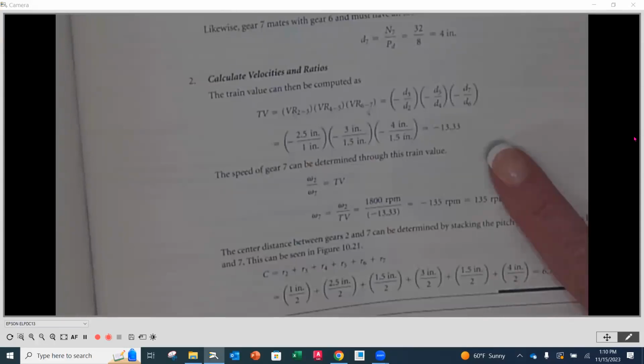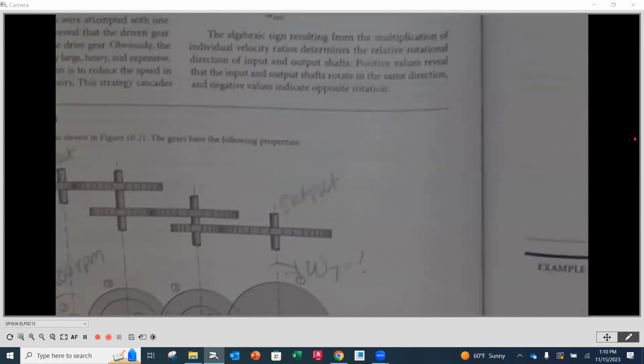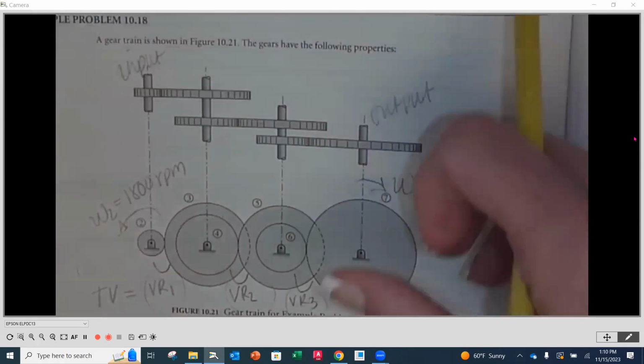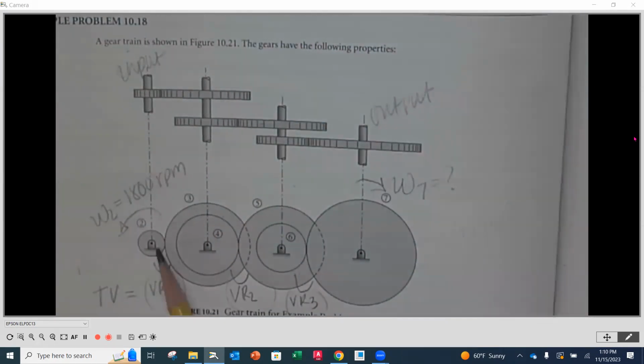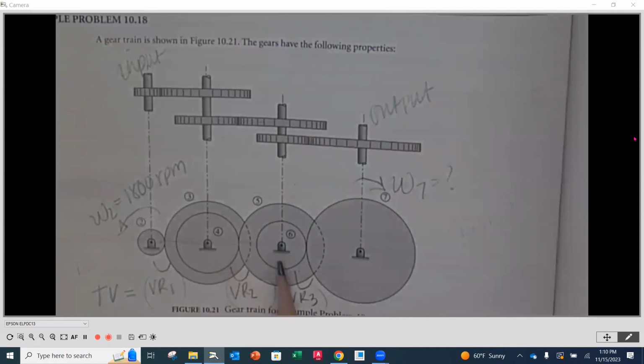All right, so now that we have our train value, we know what our RPMs for our W7 is. Now the last task here is to figure out what is that center distance, okay? Now center distance, as we look here, is simply going to be the radius of my first gear or pinion, plus the radius of my second, plus the radius of my third, plus the radius of my fourth, fifth, and sixth gears here.